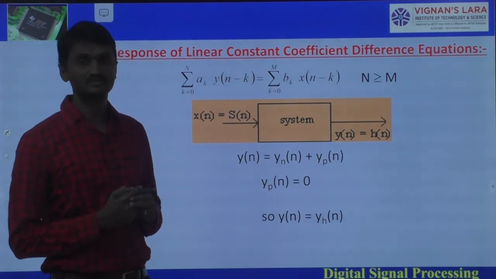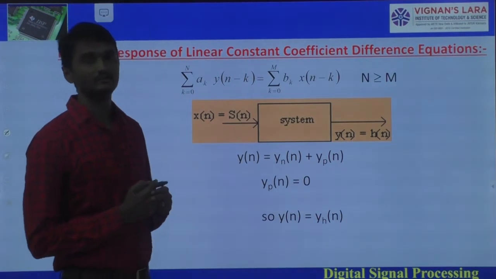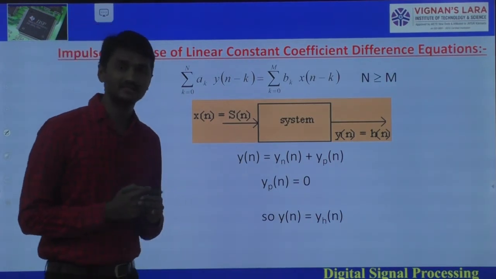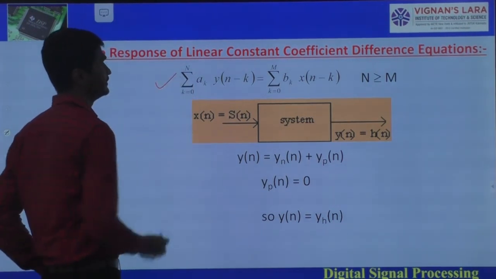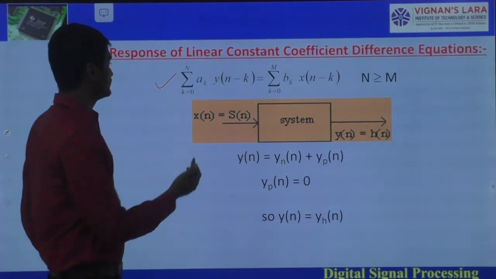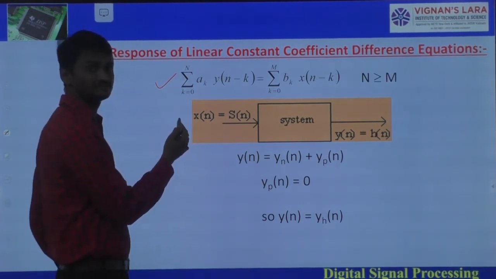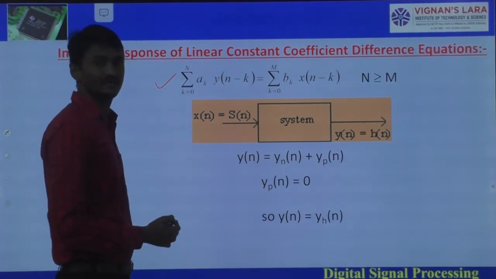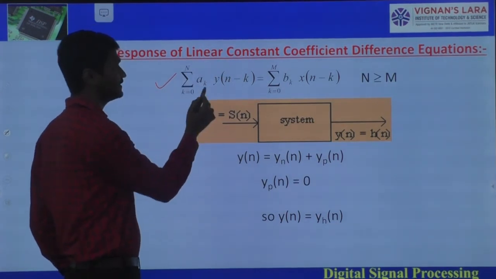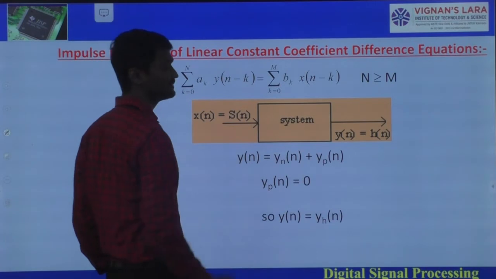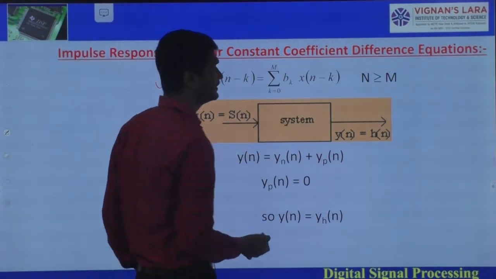Now we will start with the impulse response. Here we already know the nth order LCCDE: sigma k equals 0 to n of a_k y of n minus k is equal to sigma k equals 0 to m of b_k x of n minus k.